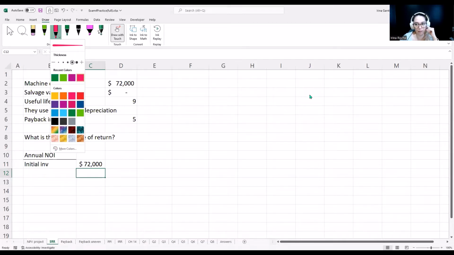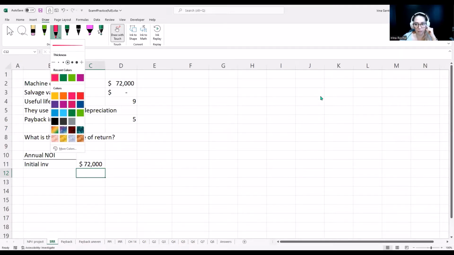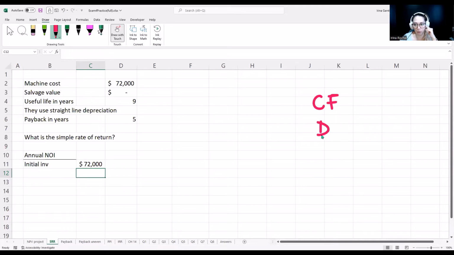So we know that when we have cash flow, we have depreciation and net operating income. So look, when you want to go up, you're adding depreciation.